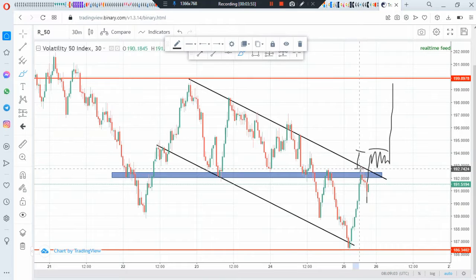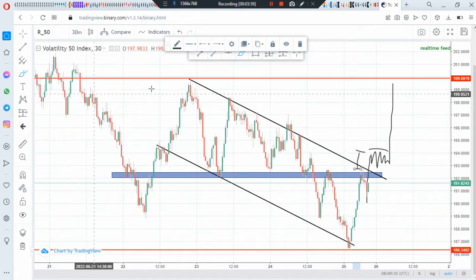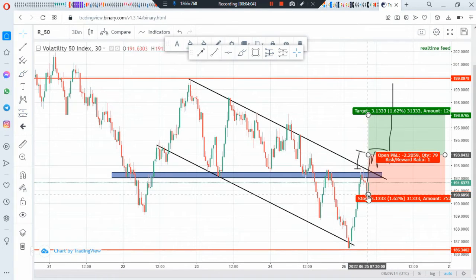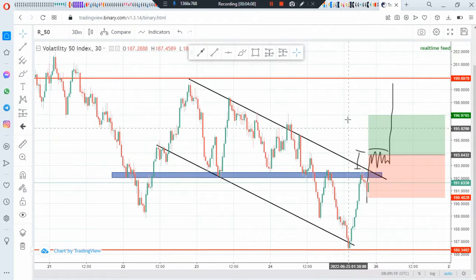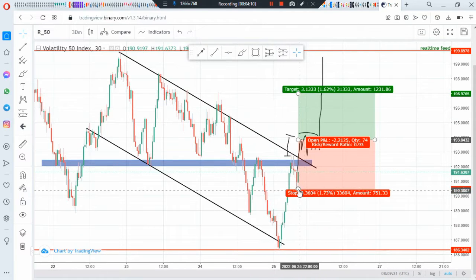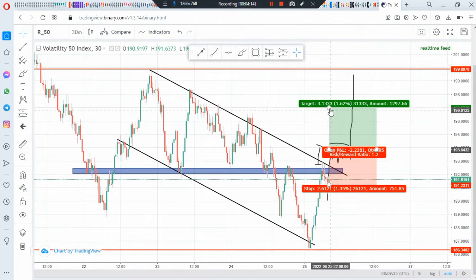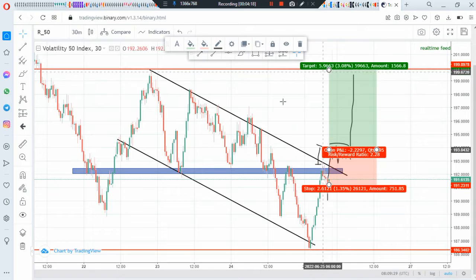If we have a candle that is closing above, then we can enter our position from here, or maybe around this area, then have a stop loss around this area, and this is going to be your target around here.